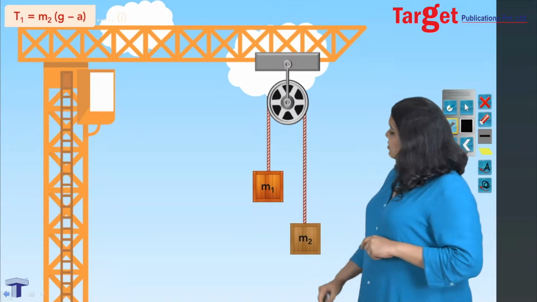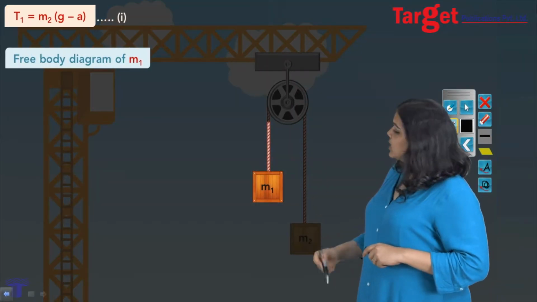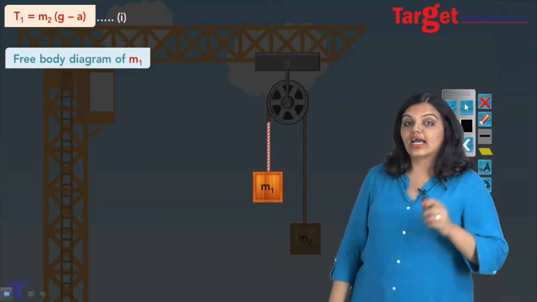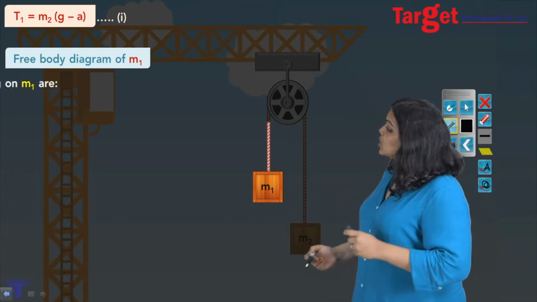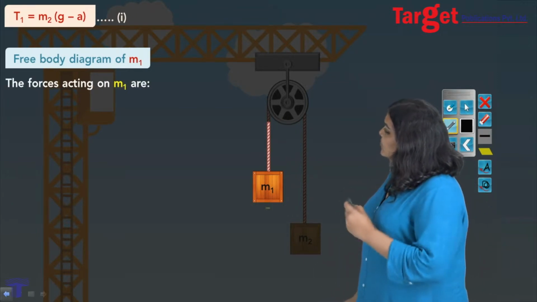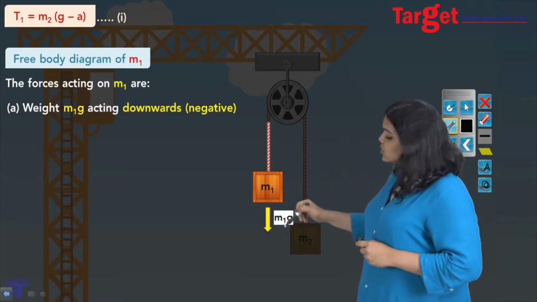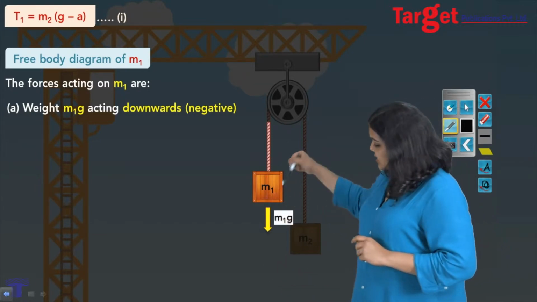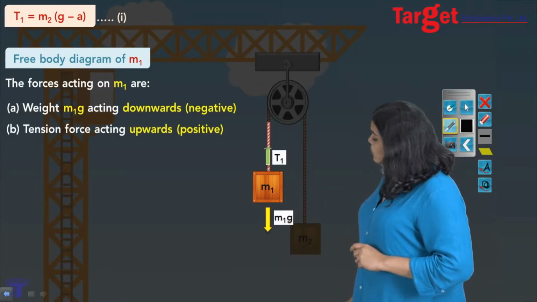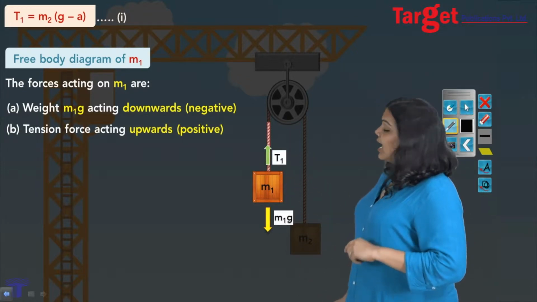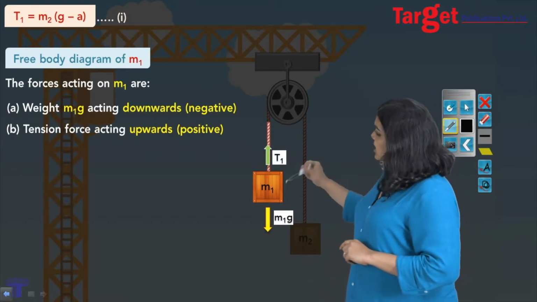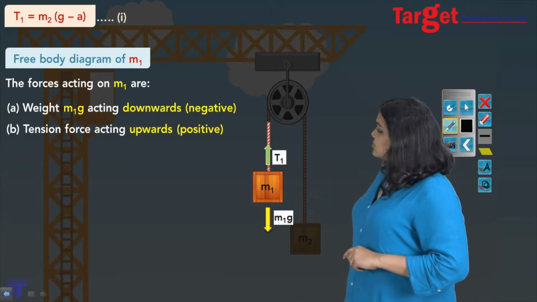I move on to the free body diagram of the other block, M1. Which forces are acting on M1? The weight of M1, that is M1G, acting downwards, and the tension force T1 acting upwards. As my sign convention says, downwards is negative and upwards is positive.